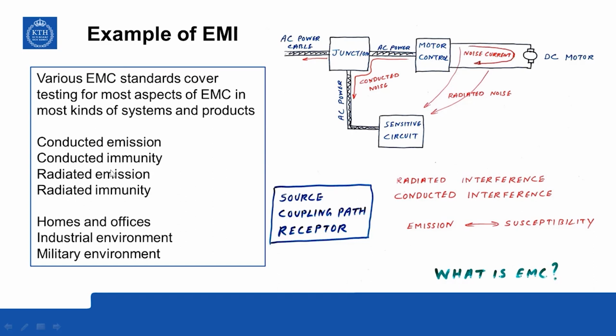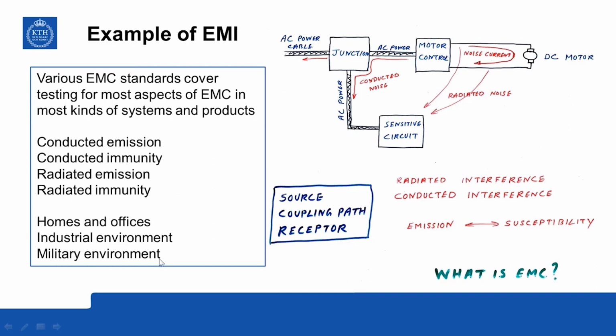Now, this can happen in various kinds of environment. There are 3 commonly used environments: home and offices, and industrial environment. In the industrial environment, you have higher thresholds for emission and immunity.